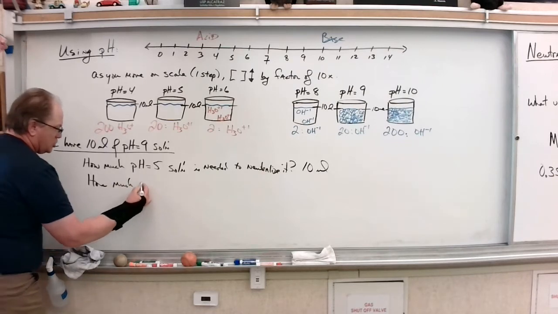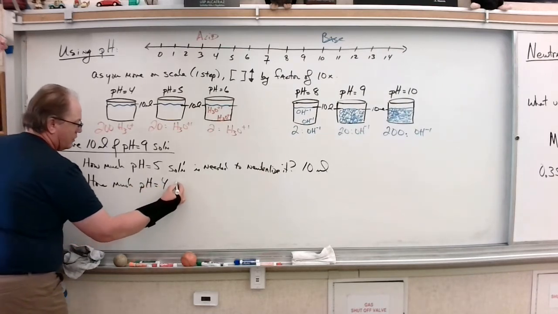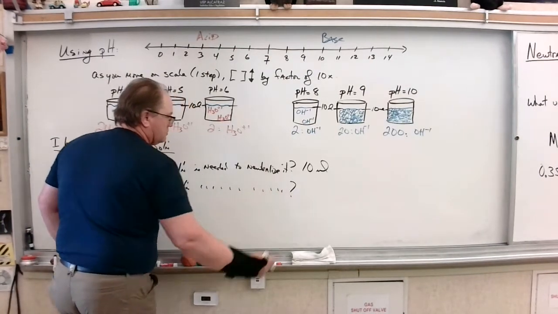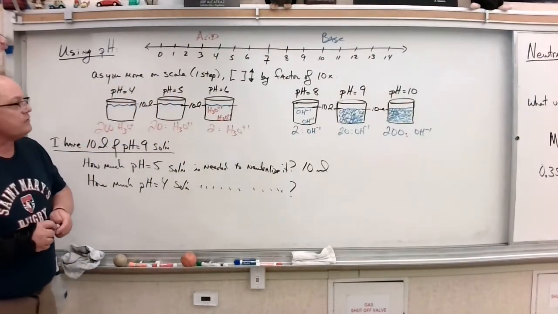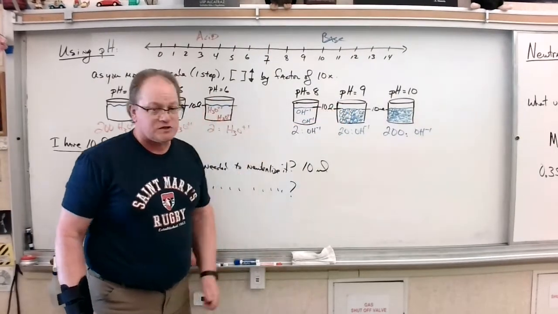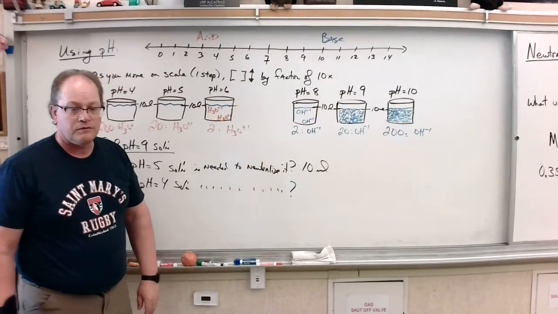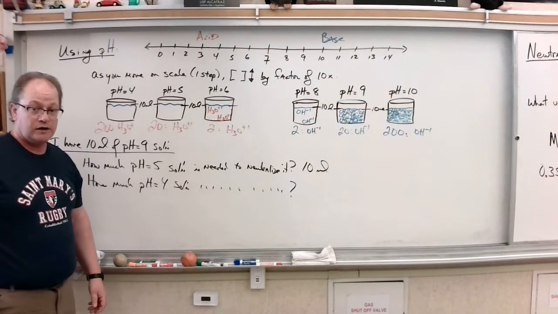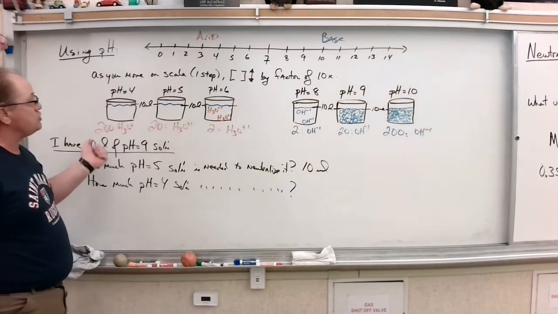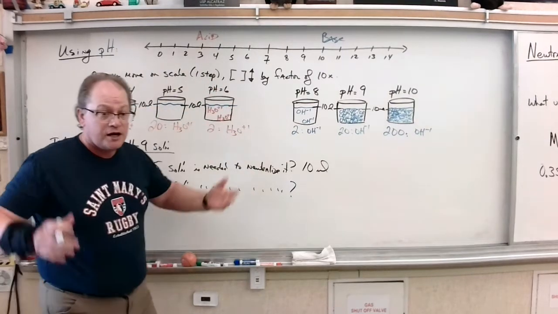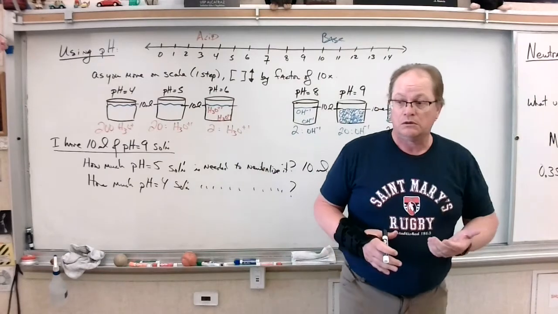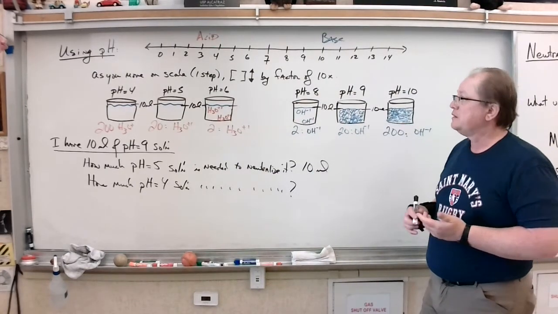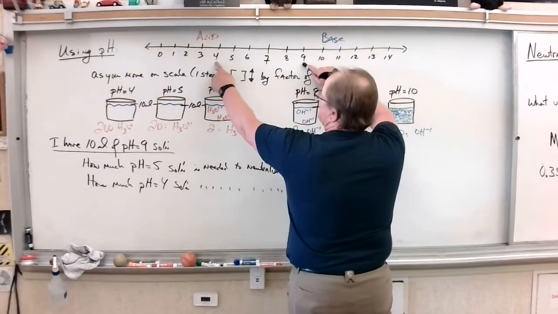Okay, how much pH 4 solution would I need to neutralize it? So I've got 10 mils of pH 9, and I've got some pH 4 solution laying around. How much pH 4 should I put into that pH 9 so that it's neutral? Well, are they equidistant?